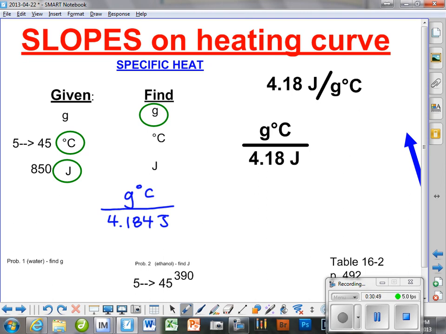Now we deal with the givens. Which would you like to take first, the degrees centigrade or the joules? Degrees centigrade? Okay, and what's our temperature change? Good, okay. Now we're going to put that top or bottom? Bottom. Notice this is different, folks, from what you had last time. Why? Because this guy up here has been turned upside down so that the given will be on top.